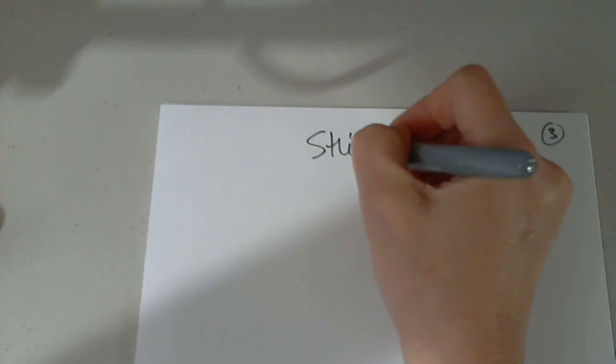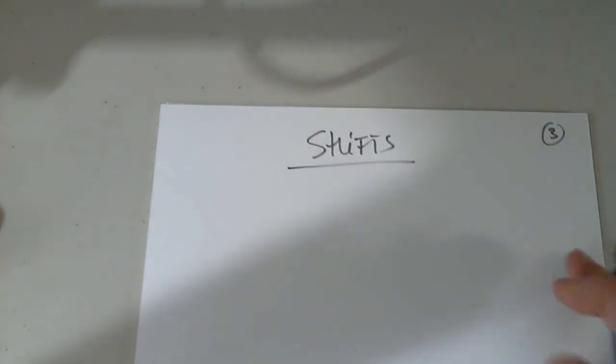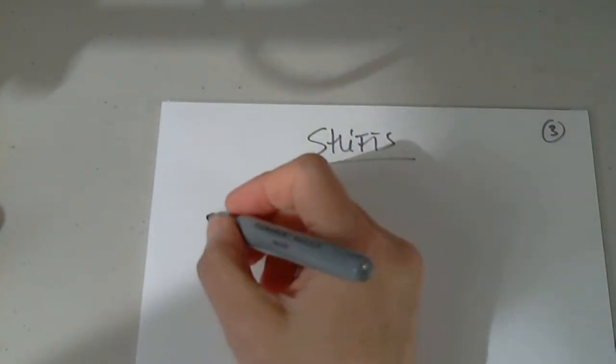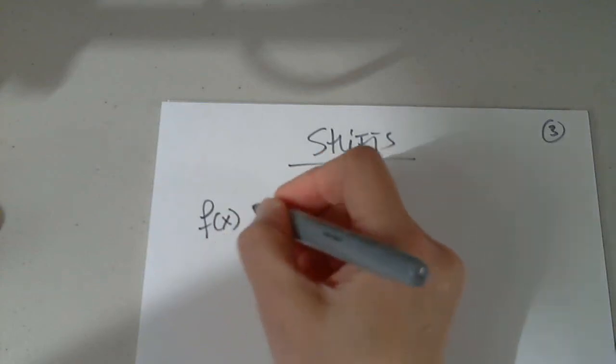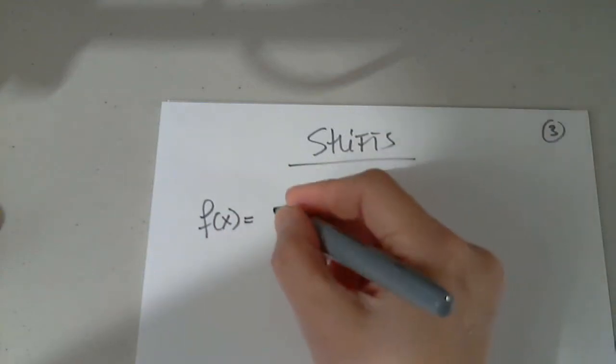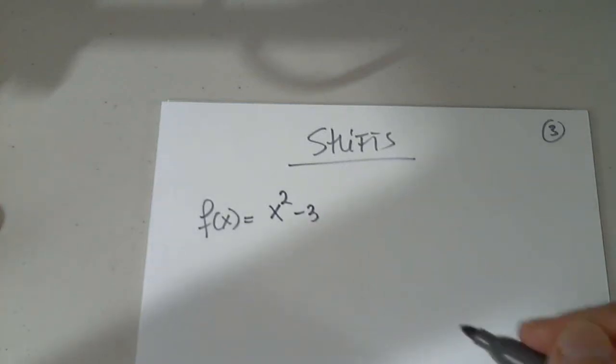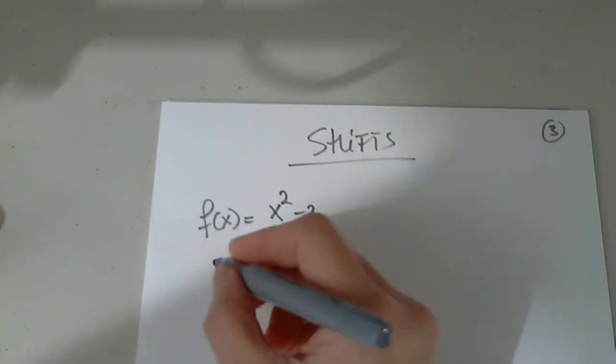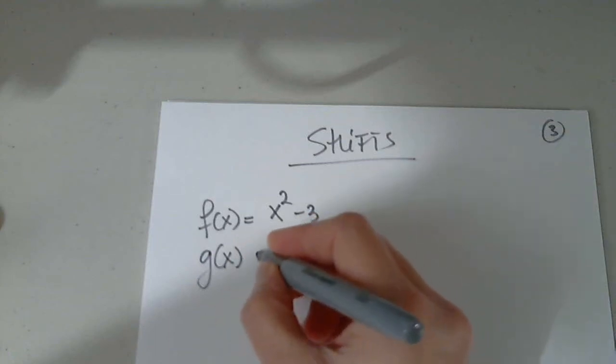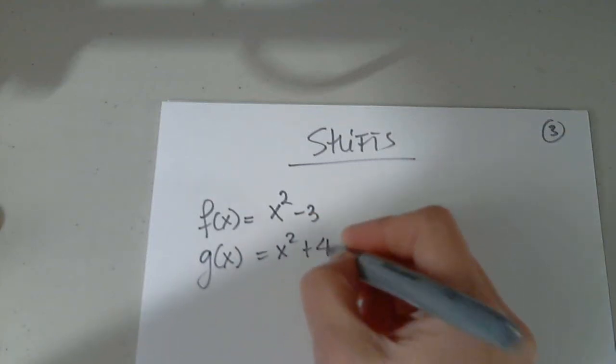Okay, so we're going to start with shifts. Let's suppose I want to graph a function that is f of x equals x squared minus 3. Later on, when I'm done, I want to graph this function that is x squared plus 4.